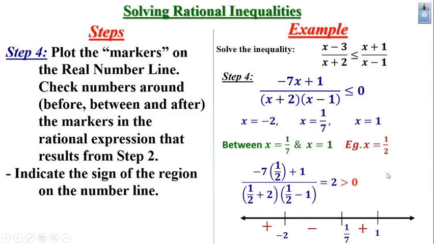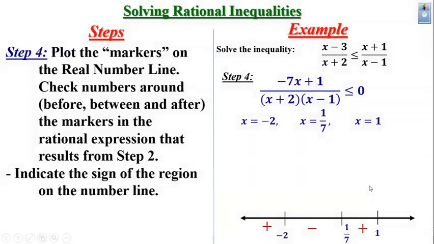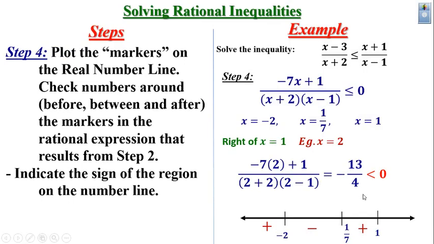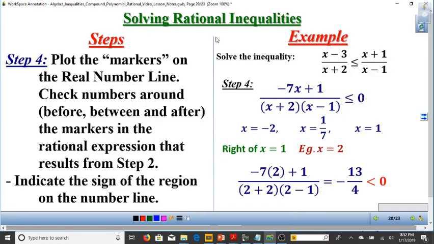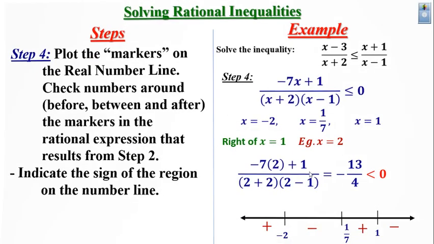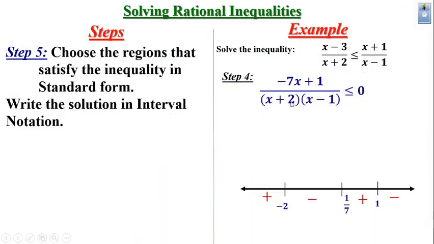And then finally a number to the right of 1. I can try, say, 2. I plug in 2 and I get -13/4, which is a negative number. So that region is a negative. So then I have all my regions marked. Now I need to figure out which regions I should use.